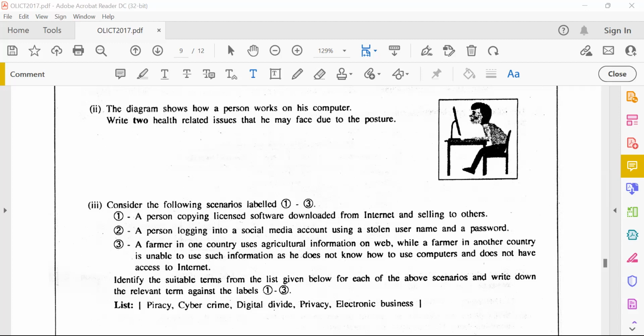All the issues we have discussed under this can come into health issues.